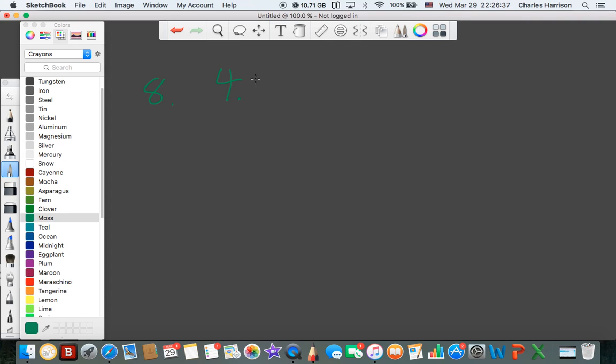So we have 4 like this, 7, 8, 0, 0. Oops, 8, not 5, 8, like this, 0, 0. That's the first number. And you know what we could do is we could line them up like this. 4.78, and then we could add 3 zeros.